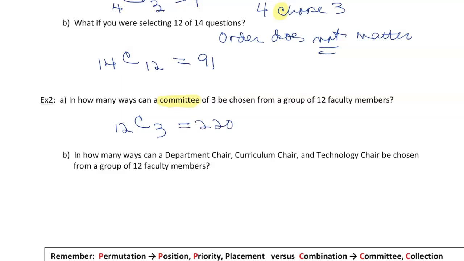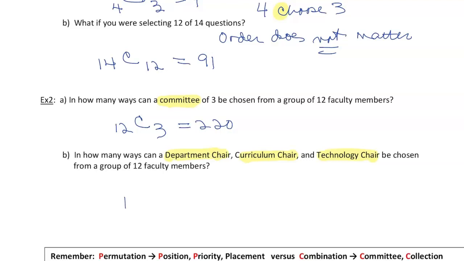And that gives me 220 ways to choose. Now, if instead you have a situation where, when you're making your choices, you get labels associated with the 3 that you chose, order is going to matter there, because if you're chosen first, you're department chair. If you're chosen third, you're technology chair. So order matters, and this is a permutation.